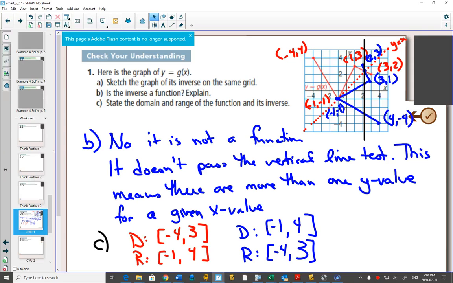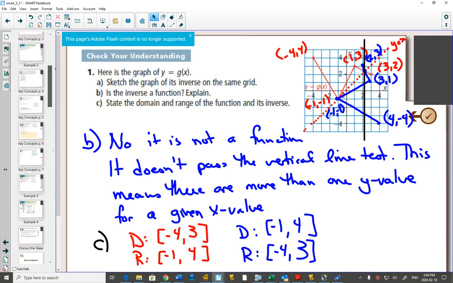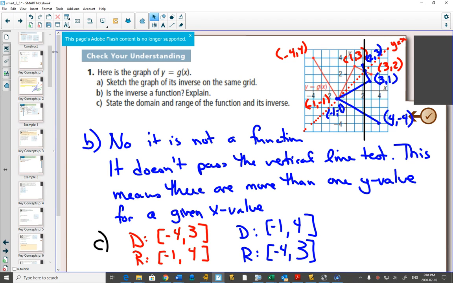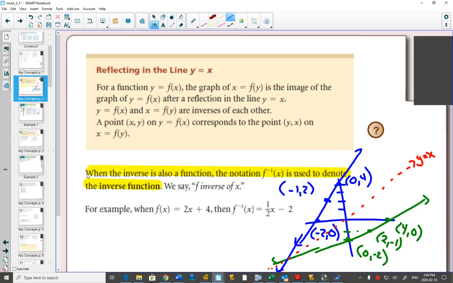So the key thing with inverses is that your x's and y's are going to get switched. They get switched on the graph with the points. They get switched with the domain and range. And if we go back to what we looked at just before this, the blue equation was y equals 2x plus 4.